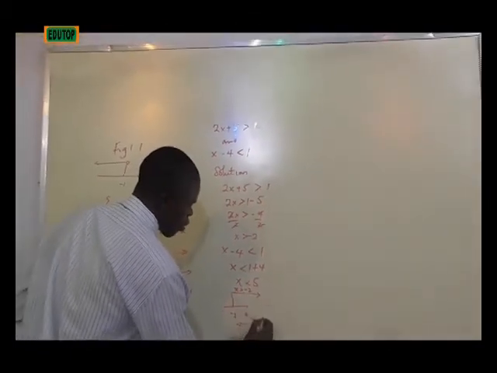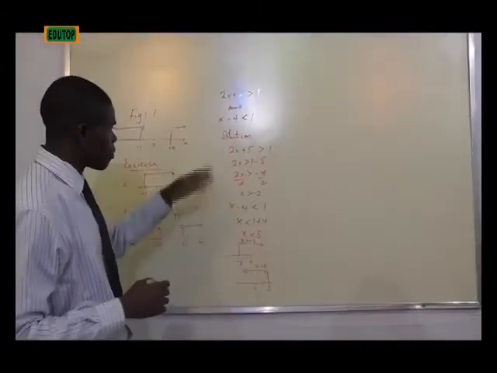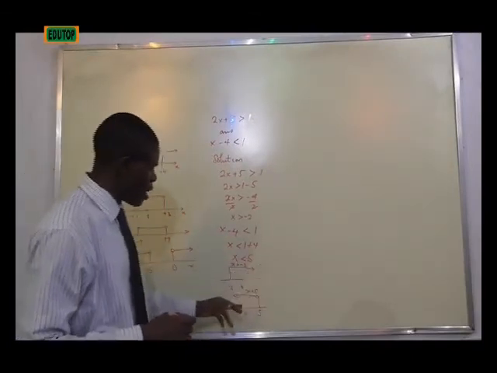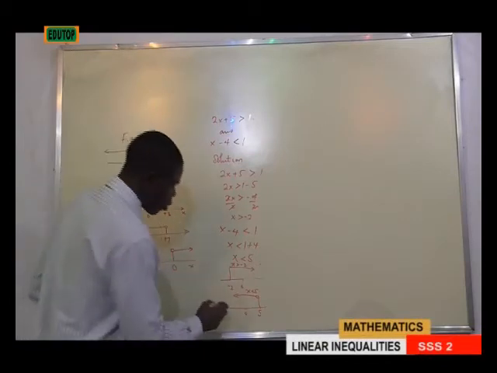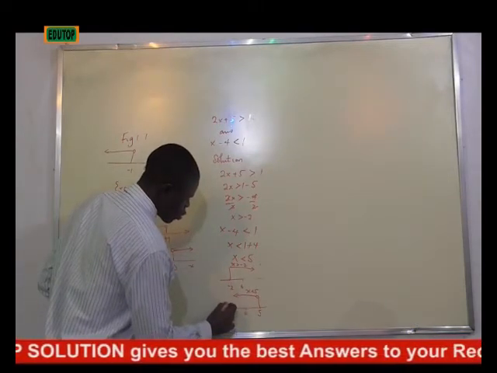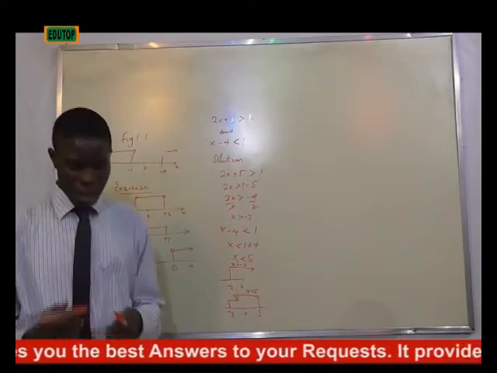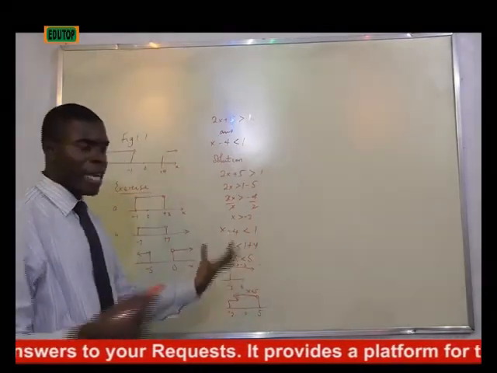So we want to know the range of values for which x is satisfied with respect to these inequalities. You see that this is facing this, and this is facing this. Automatically, if you join both on the same line, this one will be facing this side, so they collide. And since they collide, that means they have a link.